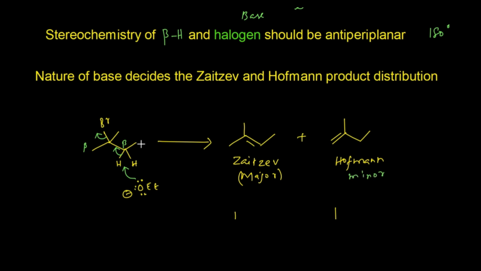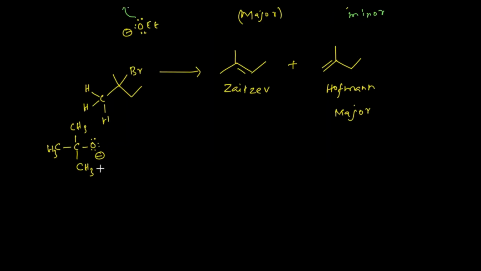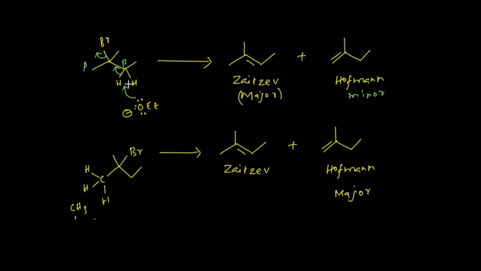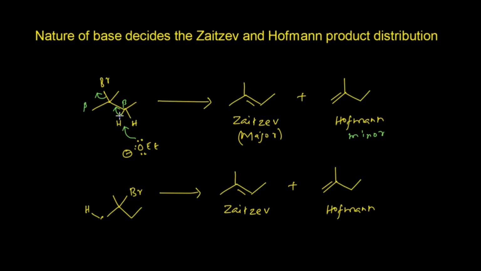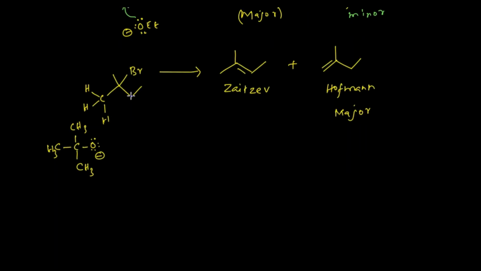But if we take the same substrate and react it with a bulkier base, this bulkier base will always find the beta hydrogen that is free and not sterically hindered. Here these hydrogens are sterically hindered, but this one is not, so the base takes this hydrogen and the double bond forms like this.